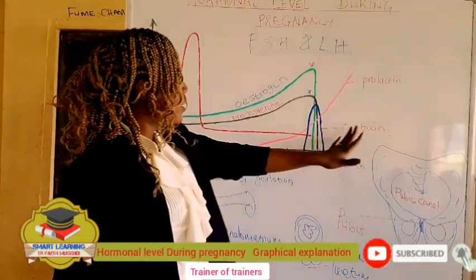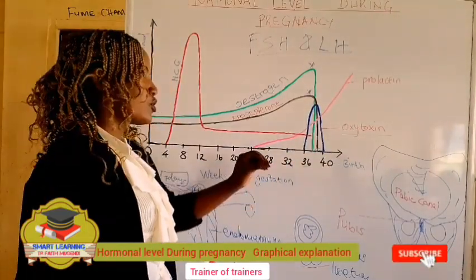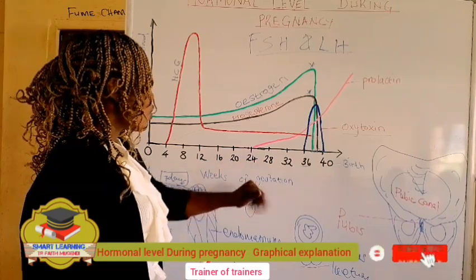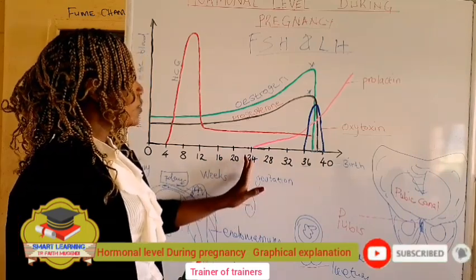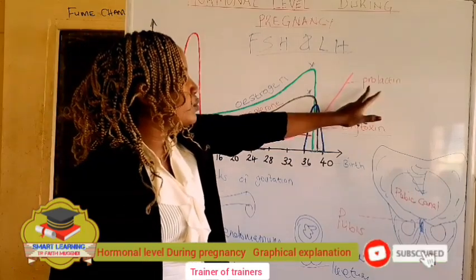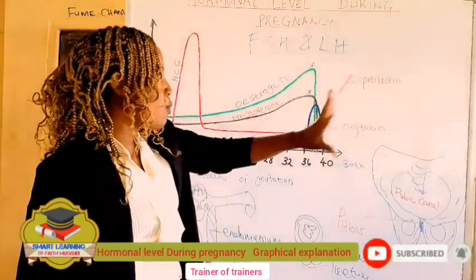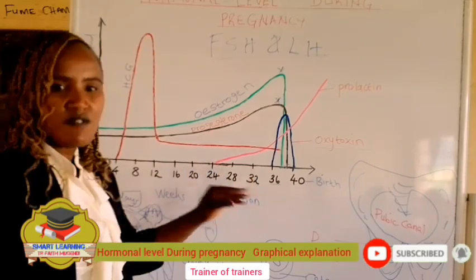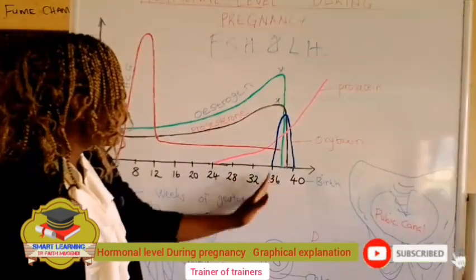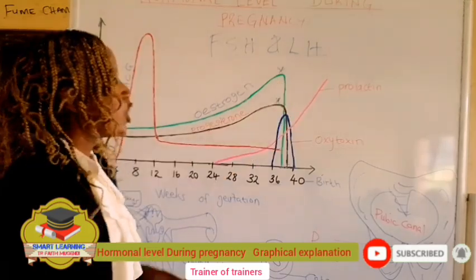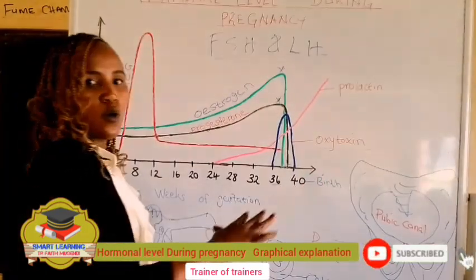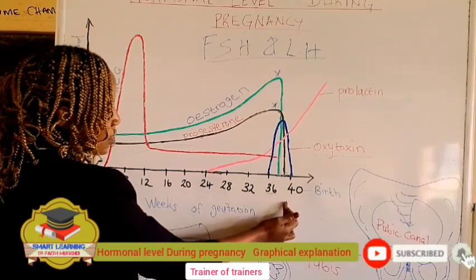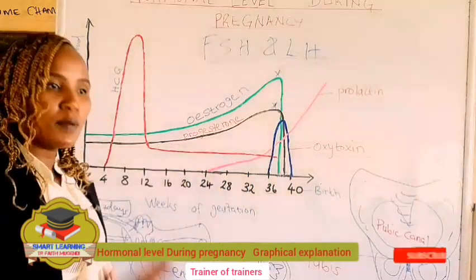Around the 24th week of the gestation period, there is another hormone that is usually produced that is called prolactin hormone. This hormone is produced around the 24th week, but in very low quantity. But upon reaching the 36th week, you find it increasing so fast, because at any given point between the 36th and the 40th week, a baby might be born.